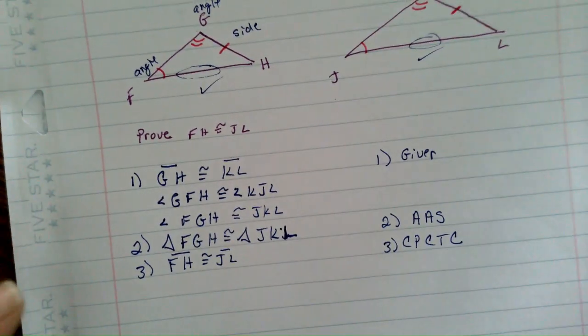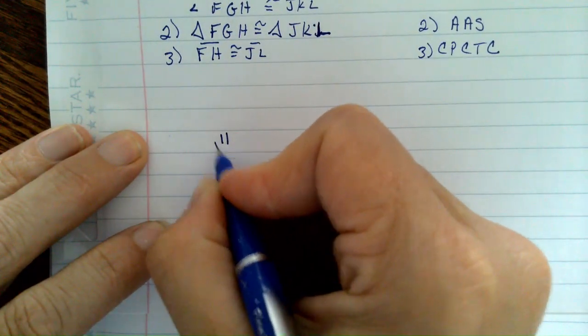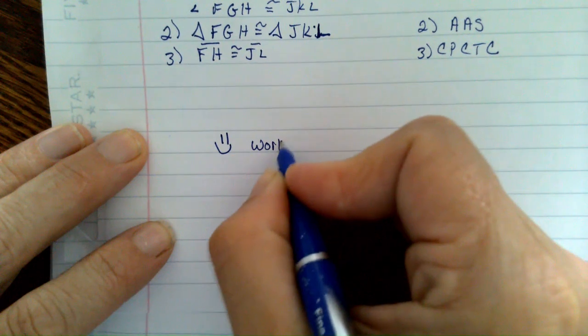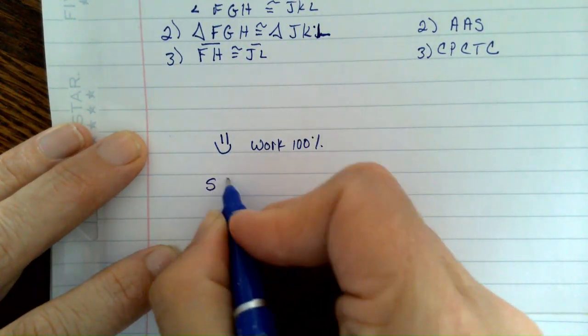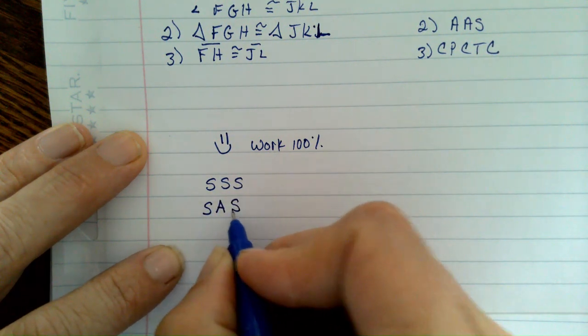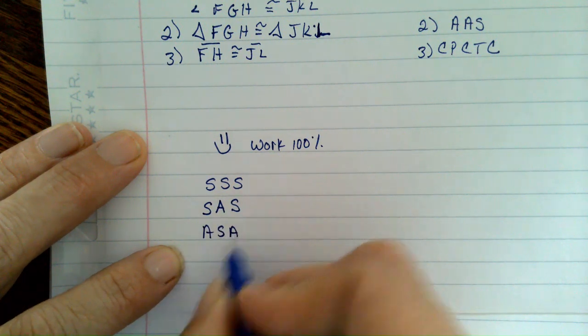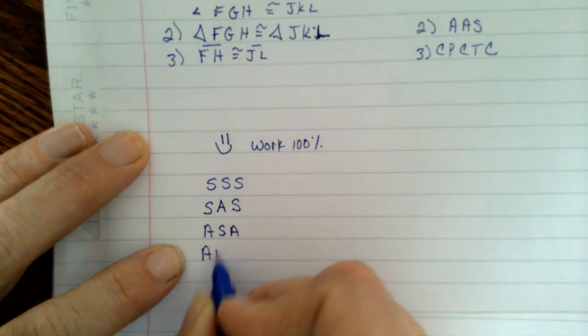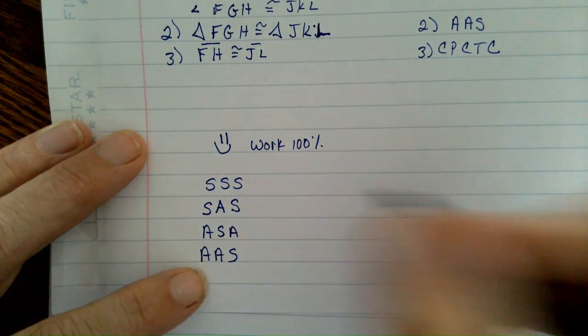So good options that you have when proving triangles congruent, ones that will work 100% of the time: Okay, side, side, side. Side, the angle in the middle, then side. Angle, side, angle. And angle, angle, side. And again, I'll draw those in pencil and we'll just make some marks.